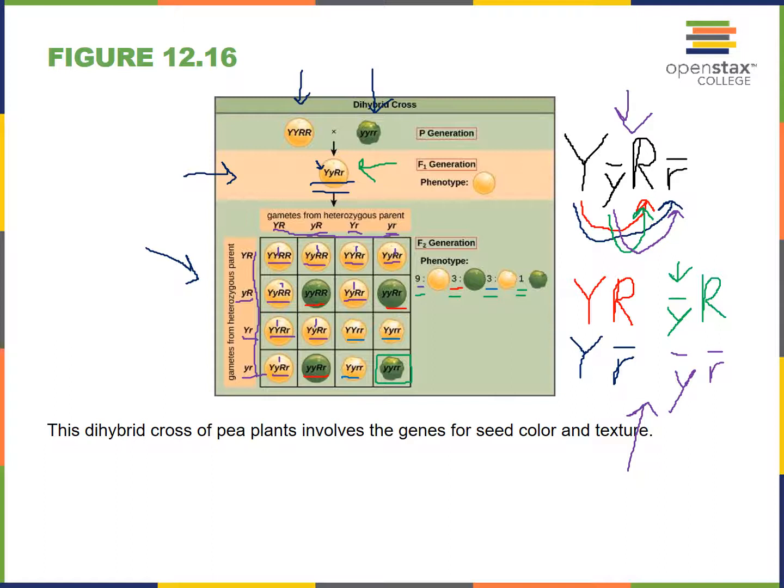And because you got this ratio and not your typical 3-to-1 ratio, that means these genes are unlinked and they assort independently. So independent assortment is just saying that genes for different characters are inherited independently. They are not inherited together. And the way he did that was with these dihybrid experiments.